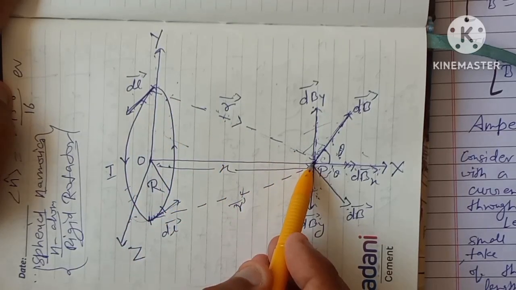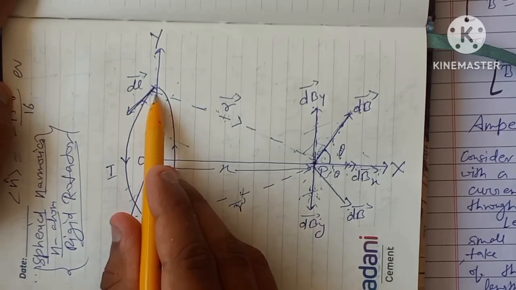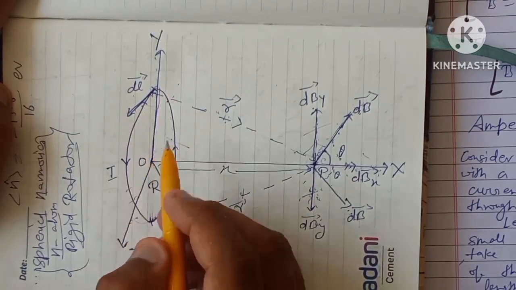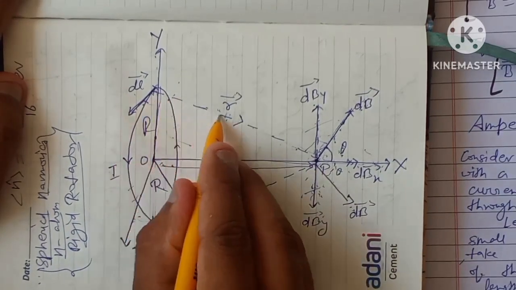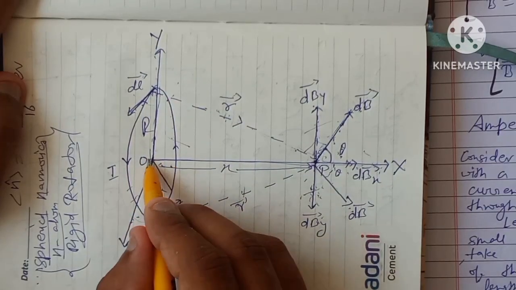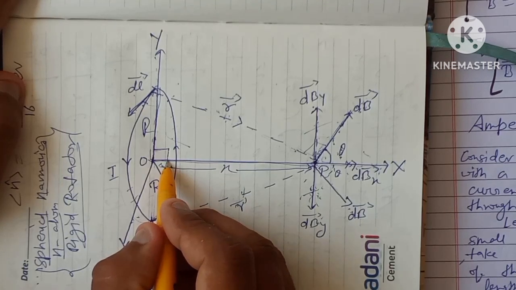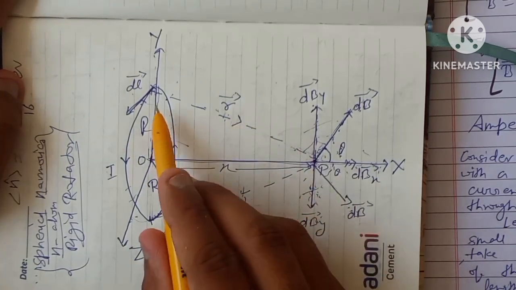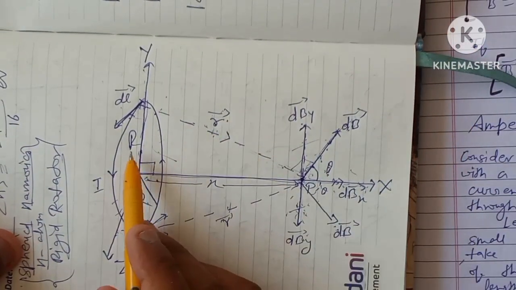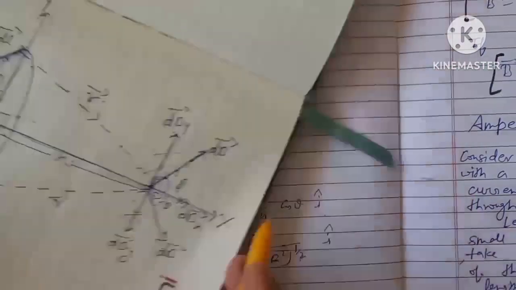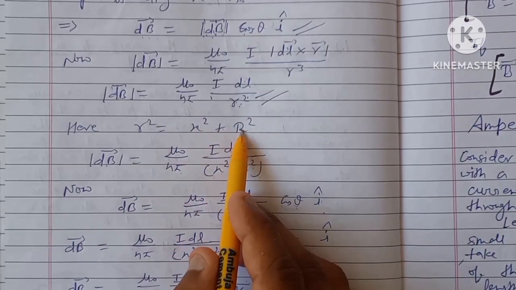So this is my small r, and capital R is the radius of this loop, that is this length, and this distance is x. You can clearly see that this is a right angle triangle. So if you apply the Pythagoras theorem in this right angle triangle, then you will see that r square is nothing but capital R square plus small x square. So in place of r square, I can put x square plus R square.